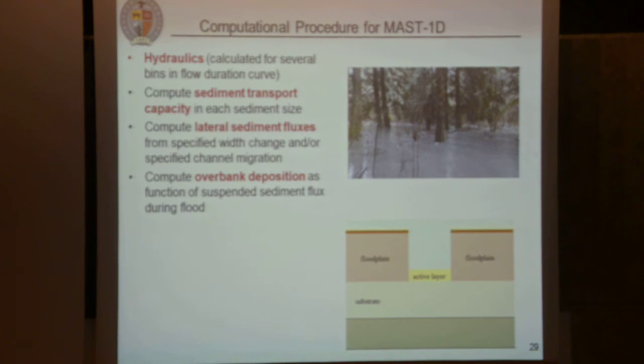Well, I'm not actually suggesting that people should rewrite a 2D or 3D model to get in all the details, but rather that for some of the 2D models, it would be nice to get in bed, bank, floodplain exchange parameterization.